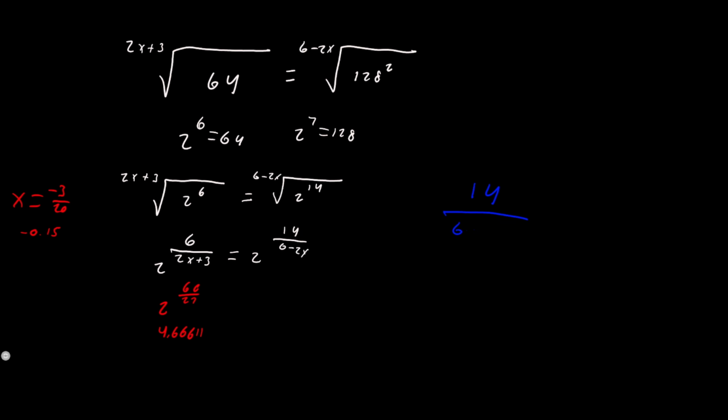Since we have two negatives, they cancel out, giving us a positive. The bottom part is 63 over 10, which is going to give us 140 over 63. So we get 2 to the power of 140 over 63, whose numerical value is also 4.66611, which are the same values, but their radical form is different.